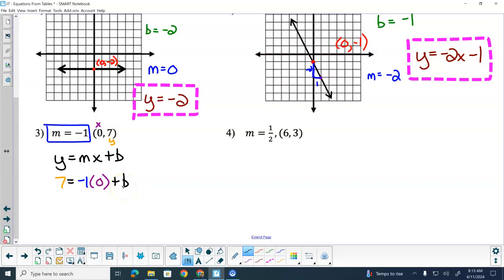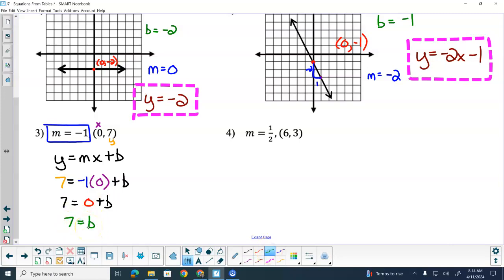And 0 times -1 is 0, and 0 plus b is b, so this is really 7 equals 0 plus b. And so then we got 7 equals b.